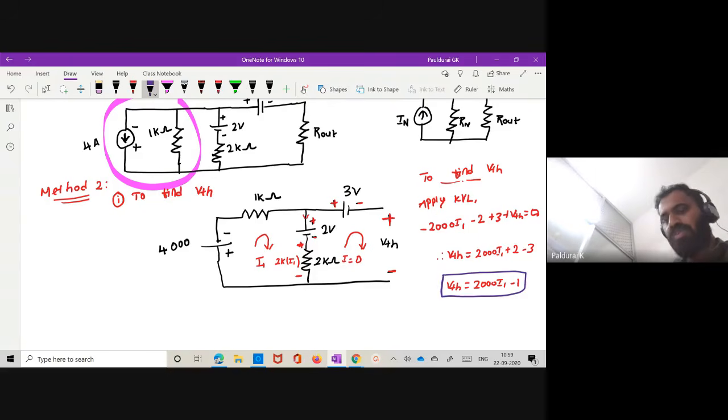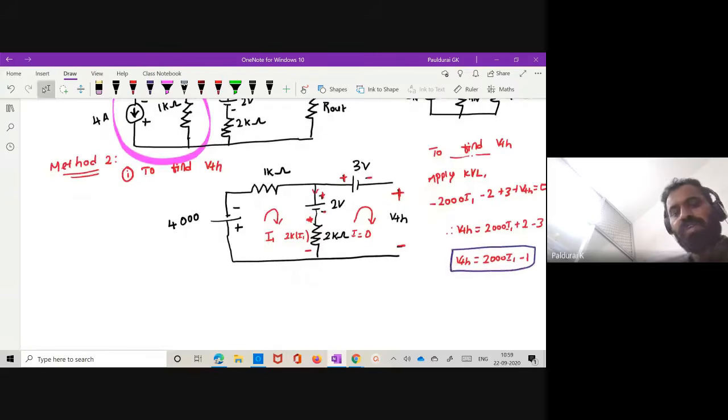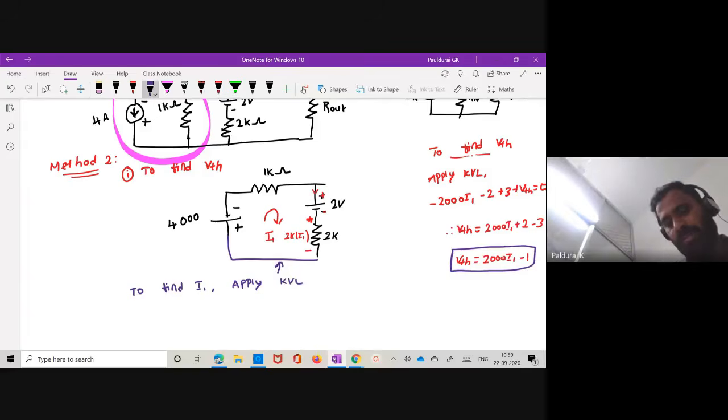So what do you want to do? Now you want to calculate I1. Okay, listen to me carefully. How will you calculate I1? Now, since it is open, no current will flow here, no current will flow here. Okay, so can I remove this? So now what is my I? In order to calculate I or I1, apply KVL here, right? So this is plus 2 minus, so plus 4000. And what is the voltage drop here?